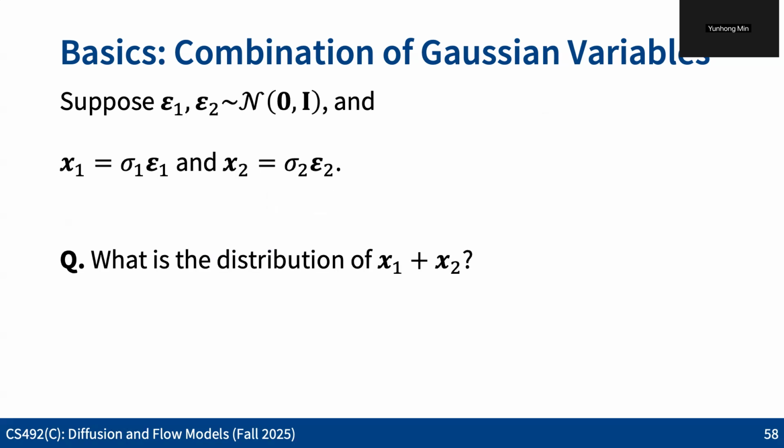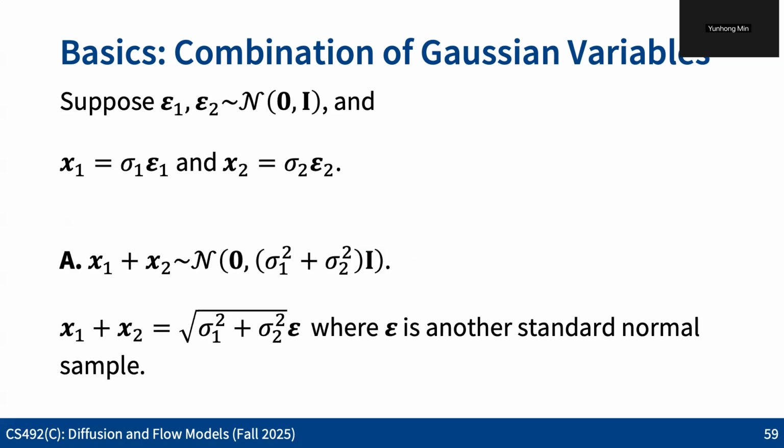How about this? Now you have two samples from the same standard Gaussian distribution, and we scale them to define x1 and x2. In this case, what's the distribution for x1 plus x2? You know the answer, right? Yeah.